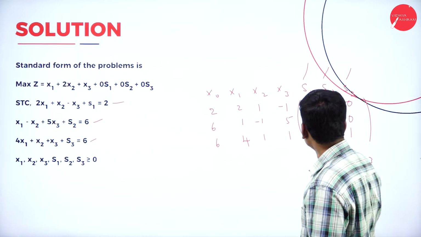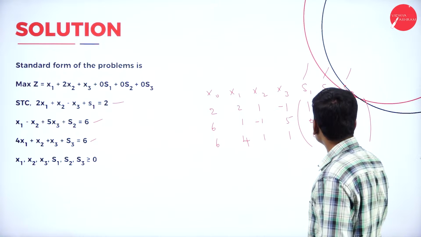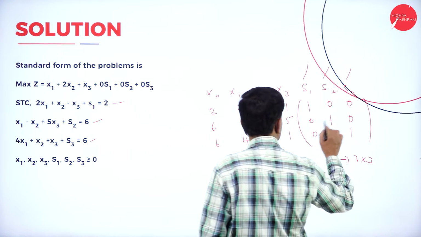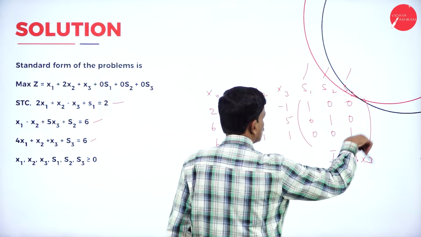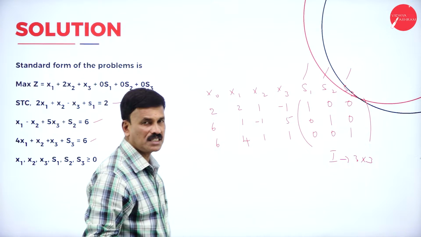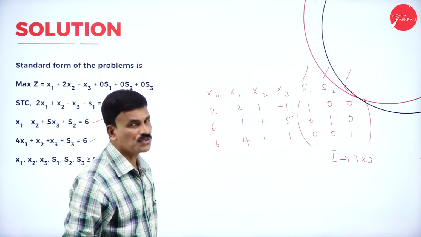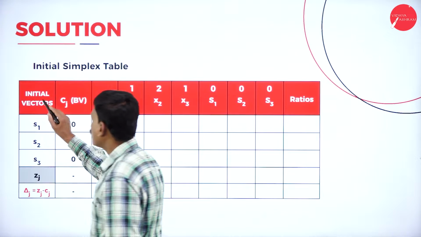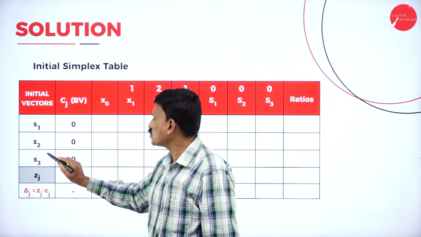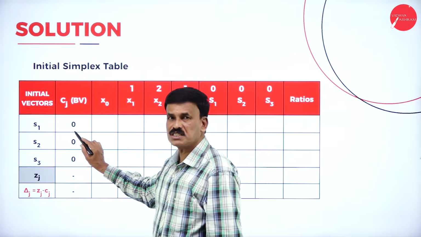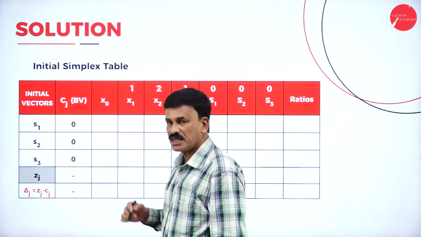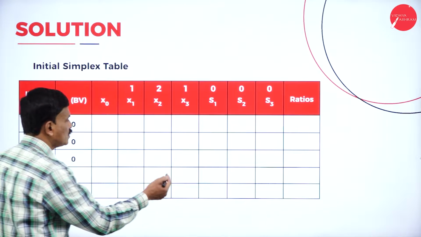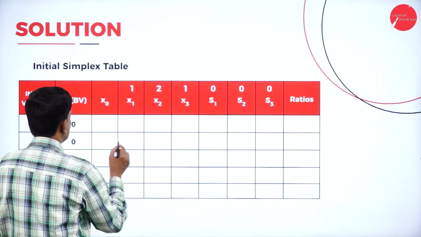Now after writing the coefficients, let us observe the initial identity vector, 1 0 0, 0 1 0, 0 0 1. This forms an identity matrix with S1, S2 and S3. Therefore, the initial basic variables are S1, S2 and S3 with the coefficients 0 0 0, and the constants are 2, 6, 6.